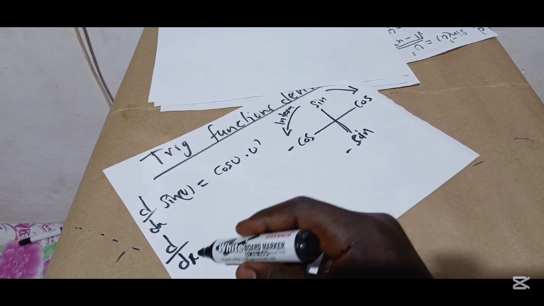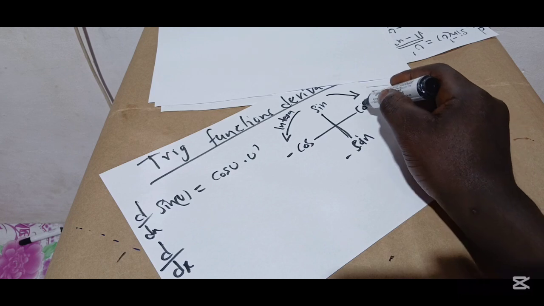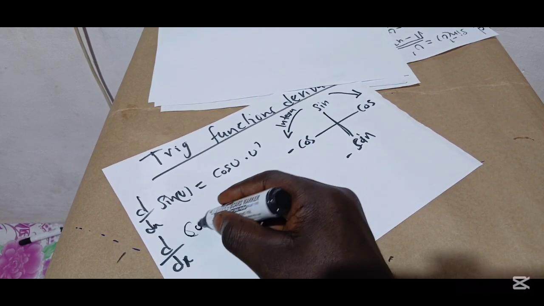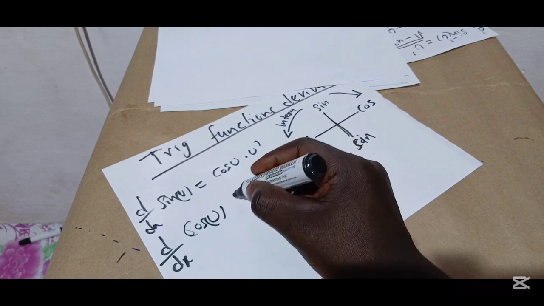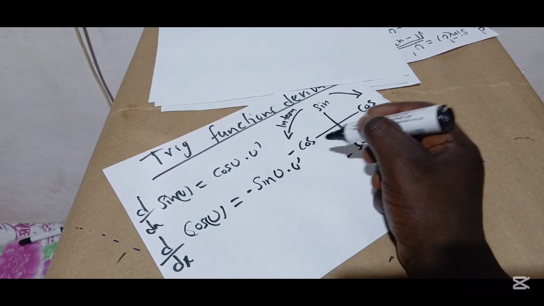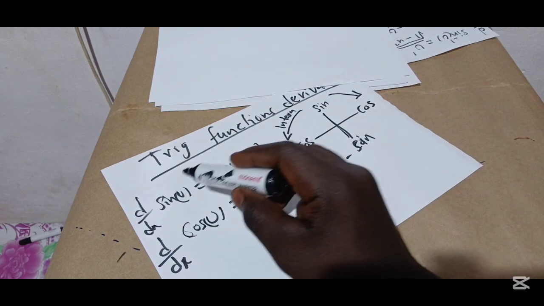Differentiate cos: because I'm differentiating, I move clockwise. So differentiating cos will give me negative sine. So let's say I'm differentiating cos u, it will give me negative sine u times u prime. Anyway, u prime is the derivative of the term here.